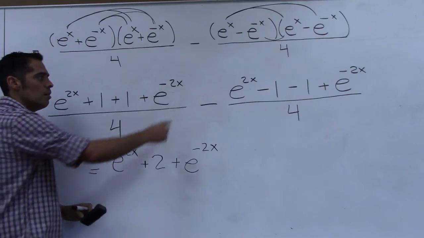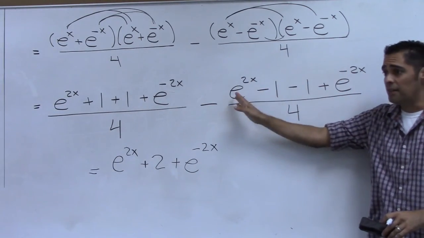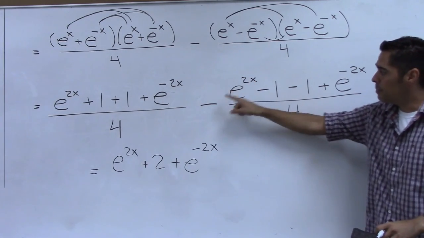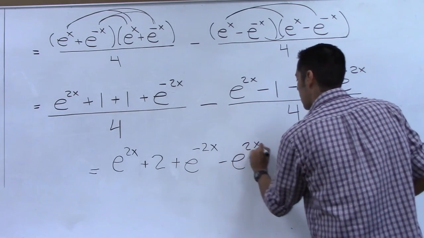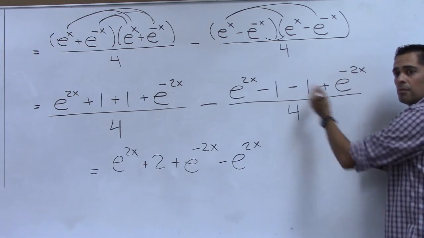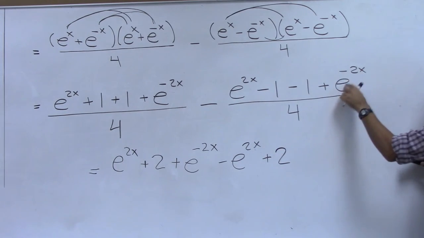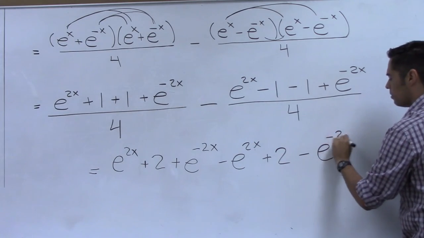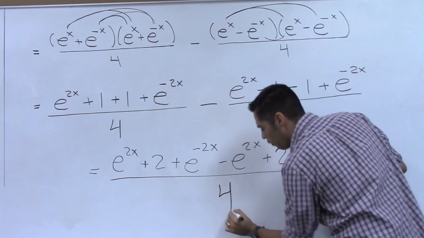And now I need to go and subtract everything I see up here, which is going to change the signs of everything, right? So instead of writing down e to the 2x, I'm going to put minus e to the 2x. And instead of writing down negative 2, I'm going to write down plus 2. And instead of writing down plus e to the negative 2x, I'm going to write down minus e to the negative 2x. And all of this divided by 4.